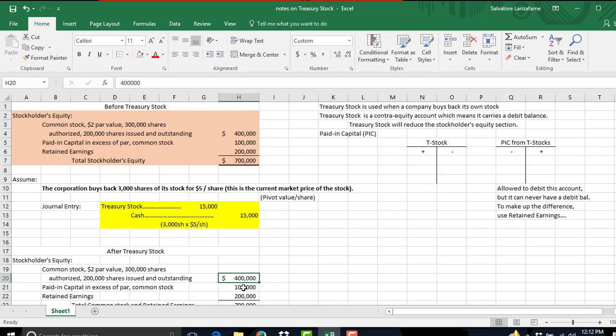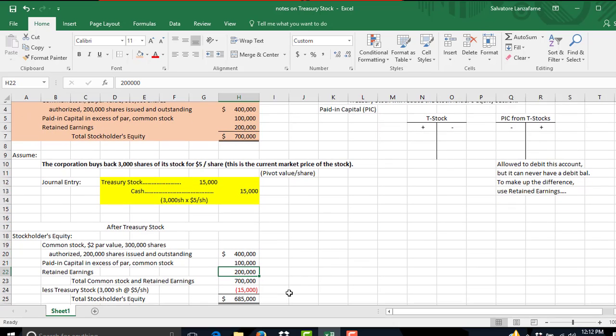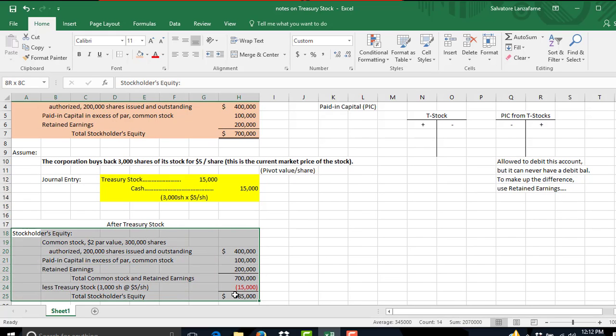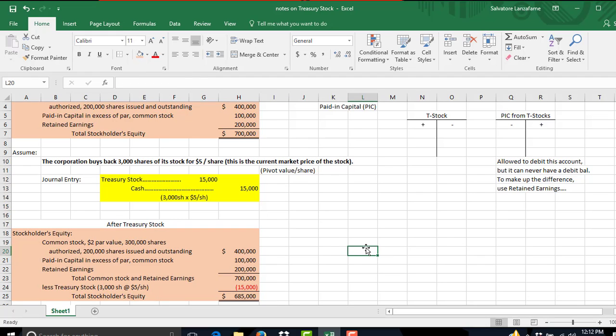There's 400,000, 100, 200, total is 700. But notice now I am subtracting the Treasury stock. The stockholders' equity section is now 685,000 as opposed to the 700,000 that we had before.